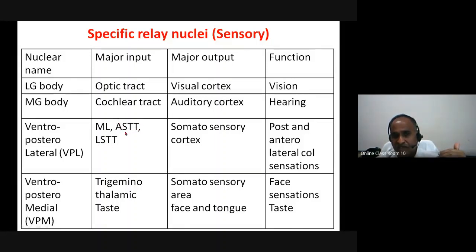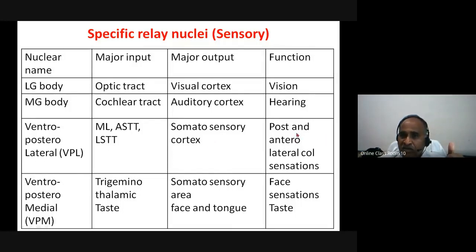The anterior spinothalamic tract is for crude touch and temperature. The lateral spinothalamic tract is for pain. So it receives input from the medial lemniscal and anterolateral column sensations. That means posterior column and anterolateral column sensations. Then where does it go? It will go to the entire somatosensory cortex, areas 3, 1, 2.